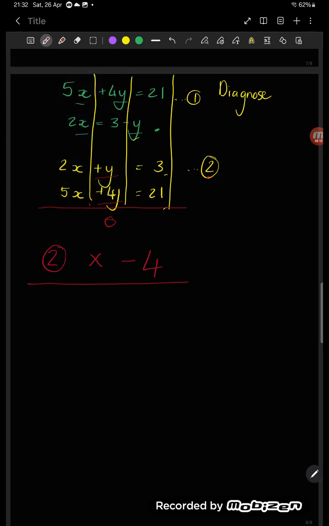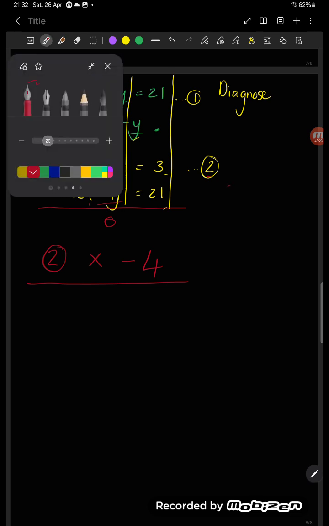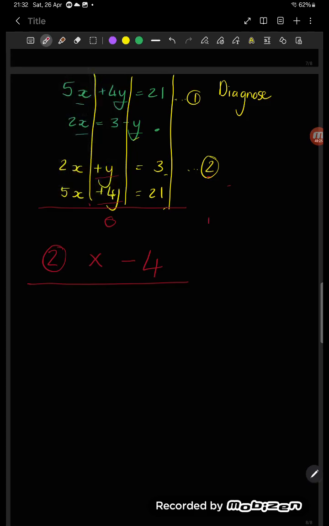And this is how you eliminate y, or you eliminate x so that you can focus on the other variable. And so this is called elimination. How can I manipulate the left and right hand side so that I can use elimination?